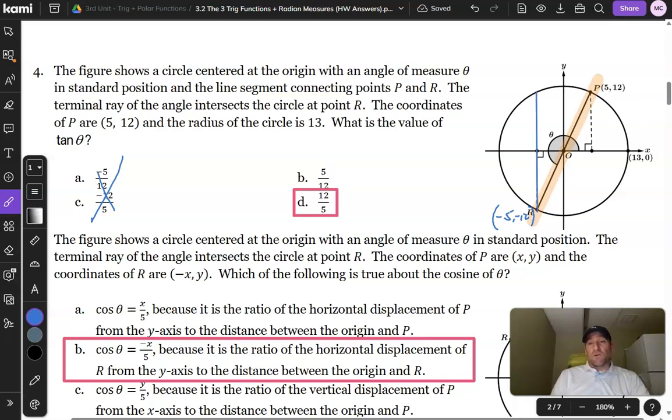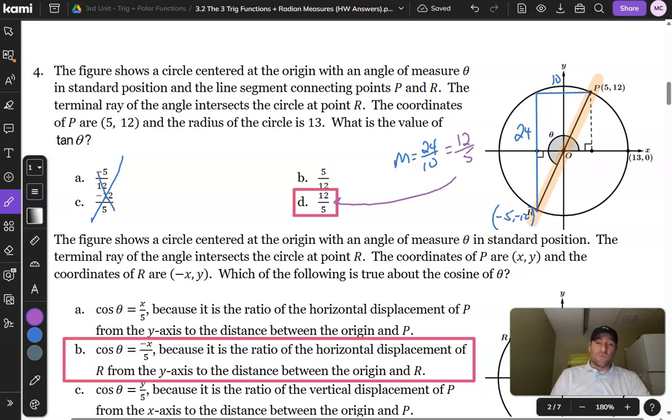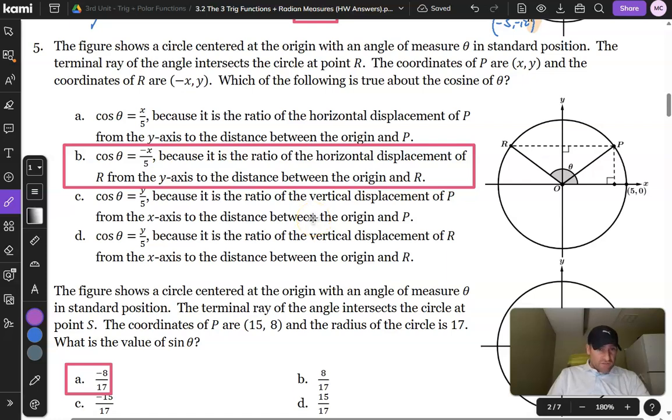We're going up 24 and over 10. So our slope is 24 over 10, 24 tenths, which can, in fact, be reduced to 12 fifths, which is why I selected option D. Again, just remember the x-coordinate is the horizontal displacement, the amount of units to the right, and the vertical displacement is the amount of units above the x-axis.